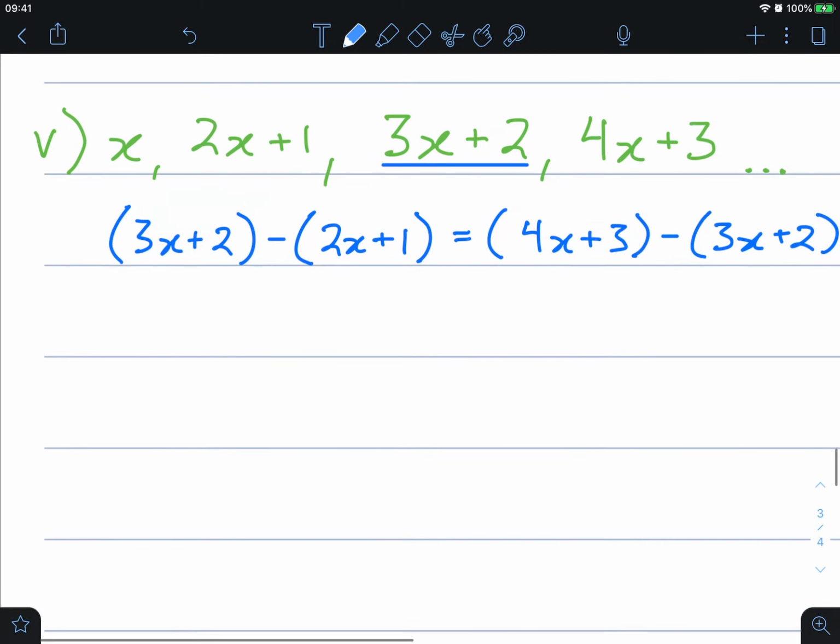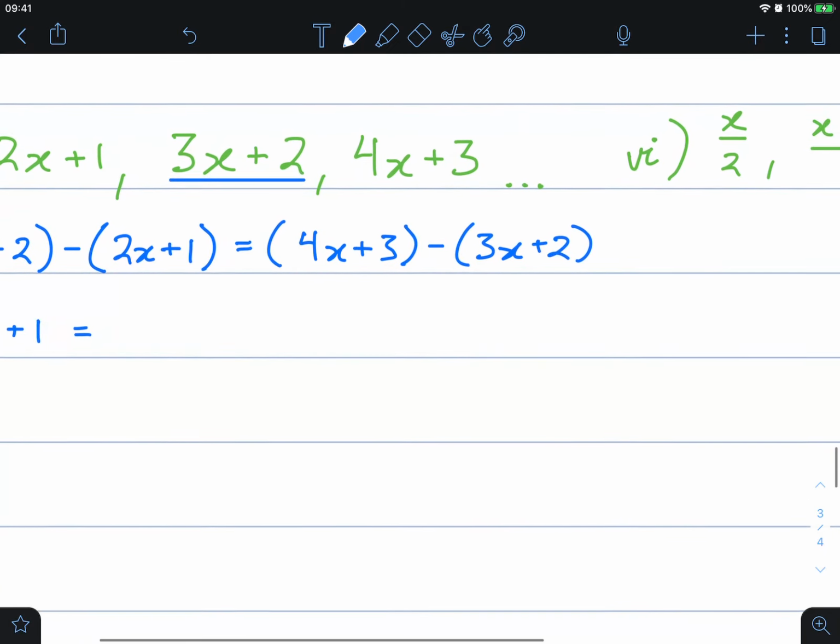So doing some arithmetic here. 3x take away 2x is x. 2 take away 1 is 1. So plus 1. So that's on the left hand side.